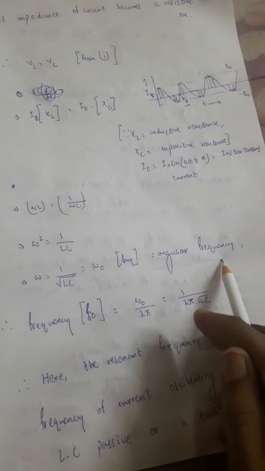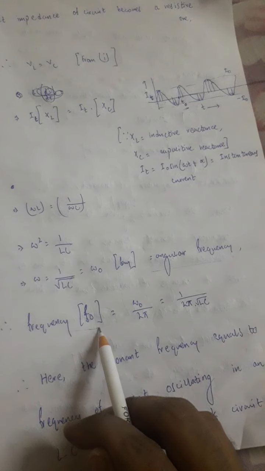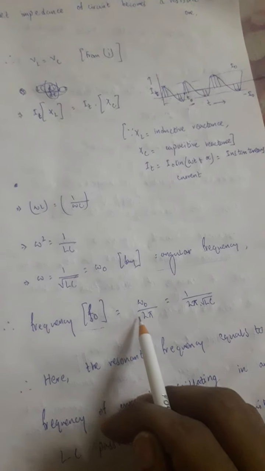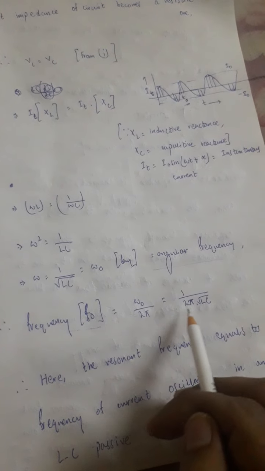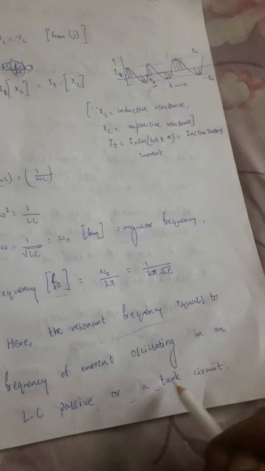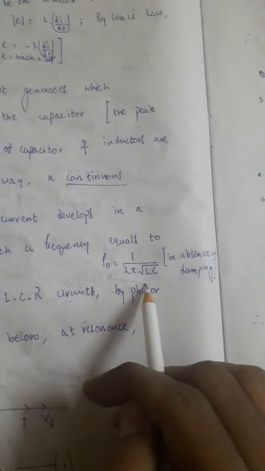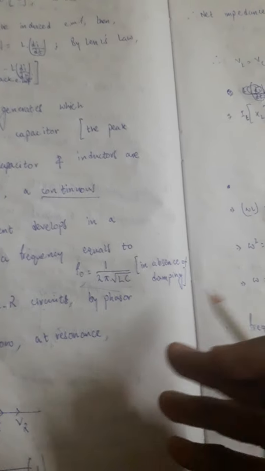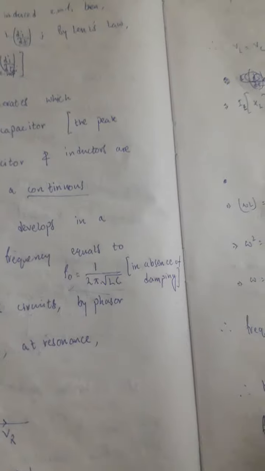Here is the angular frequency, so the frequency at resonance becomes omega naught by 2 pi, equal to 1 by 2 pi into 1 by root under LC. Here the resonant frequency equals the frequency of current oscillating in an LC passive or tank circuit. You can see it very well that the resonant frequency here is equal to the frequency of the current oscillating in an LC oscillation, in absence of damping.